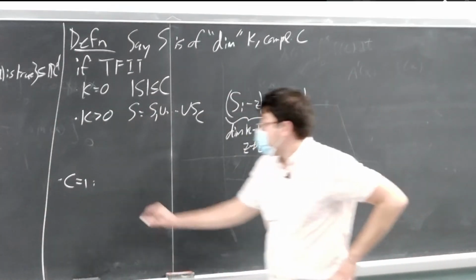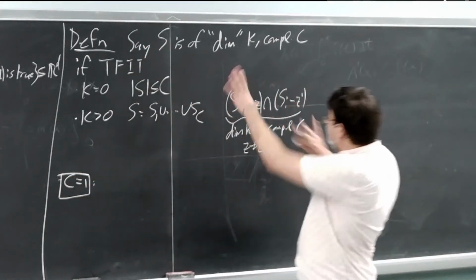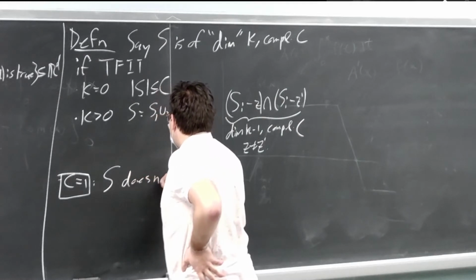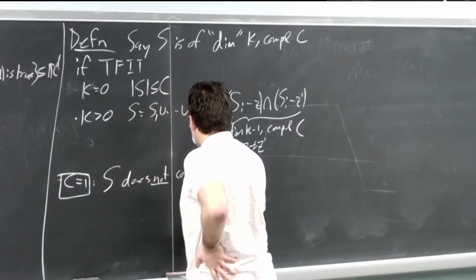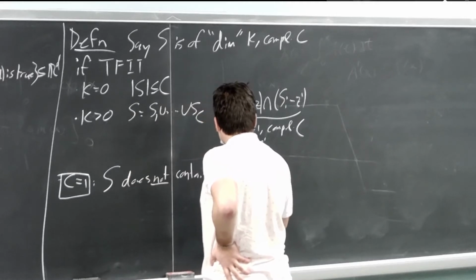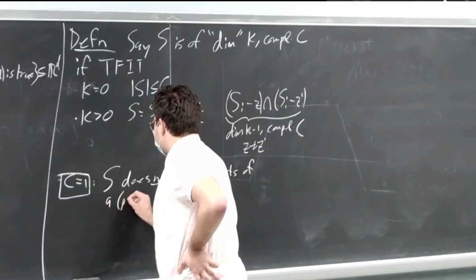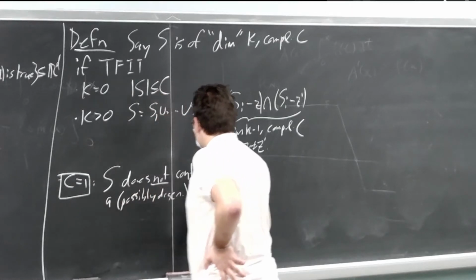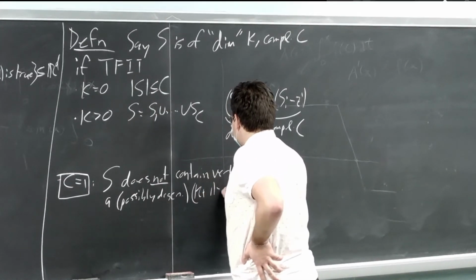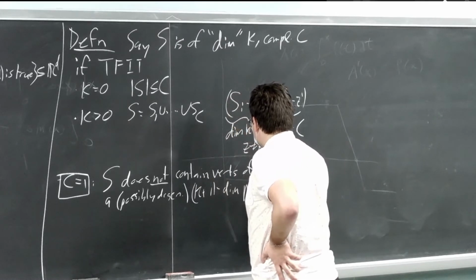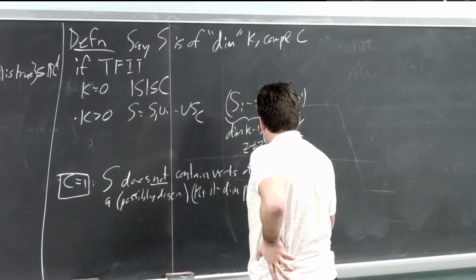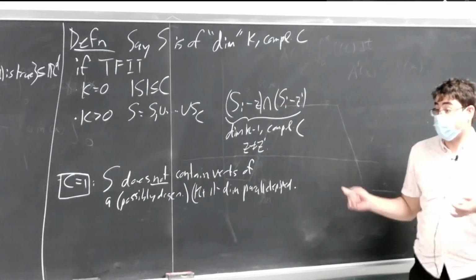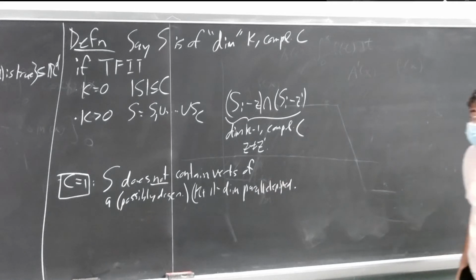So when C is equal to 1, this structure is saying S does not contain the vertices of a possibly degenerate K plus 1 dimensional parallelepiped, or equivalently, the sum of K plus 1 two-element sets. This is like the discrete version of a zonotope.